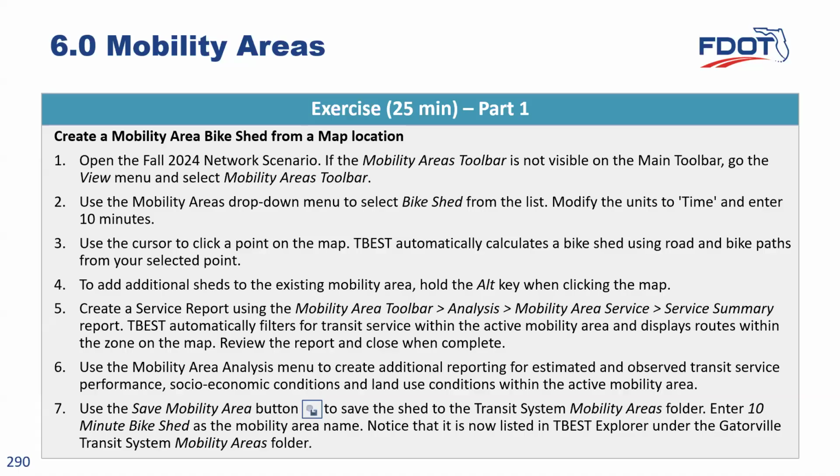So it will summarize basically the markets or the service within every geography within that layer. So if it's all your mobility on demand areas in one shapefile, it will go through and summarize all of the markets and service and everything inside of each one, and then provide a report to you for each one.